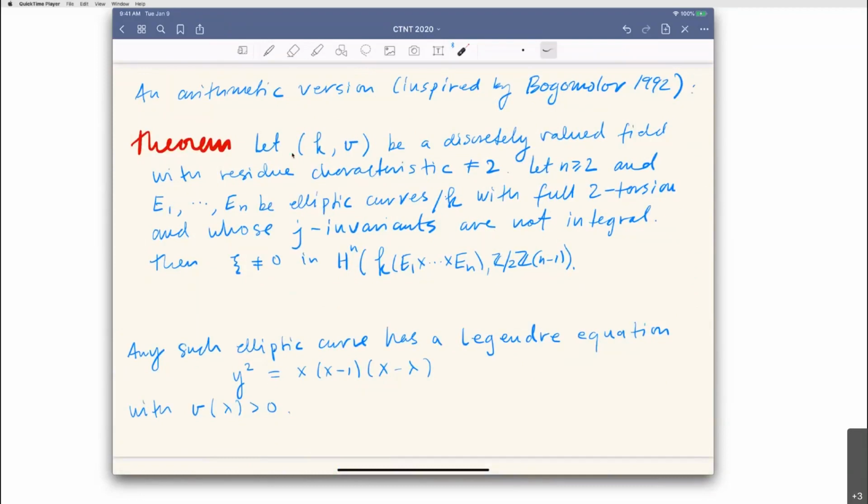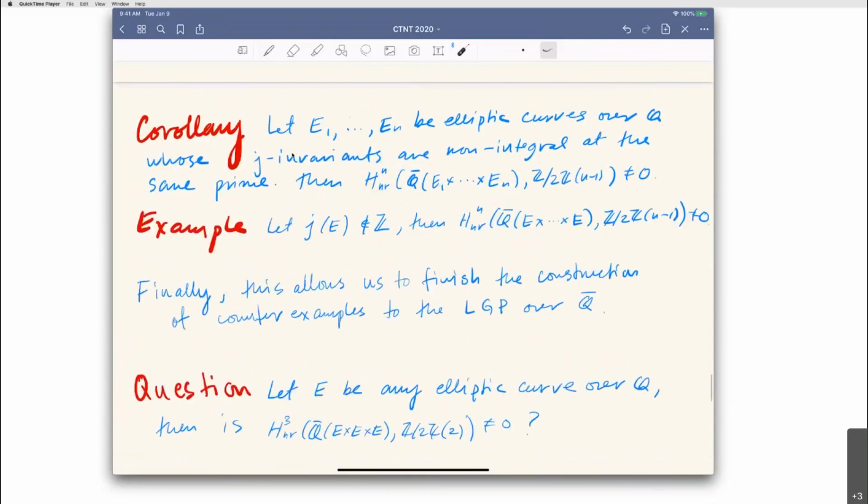This is the theorem we end up proving: a theorem about the existence of various unramified cohomology elements on products of elliptic curves over any discretely valued field. This is the situation in which these curves come up. We need them to have non-integral j-invariants. And I'll just leave you with this last question on the slide, as maybe people have questions.